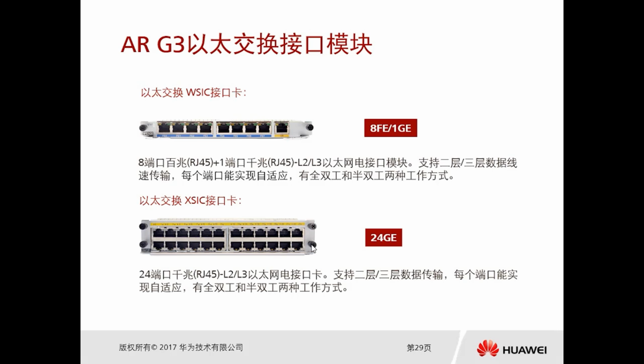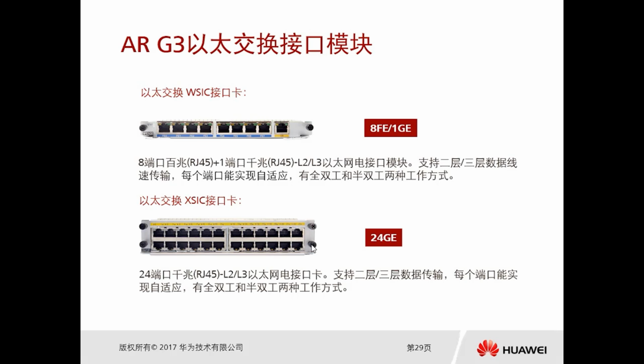This WSIC interface provides 8 ports of 100 Mbps, one port of RJ45, and then one gigabit port. So it is an Ethernet link module, gigabit Ethernet. It supports data transmission at line speed at the second and third layers. Each port can adapt automatically. So it also has 2 working modes: one is full-duplex, one is half-duplex. And then the XSIC interface card is 24GE.